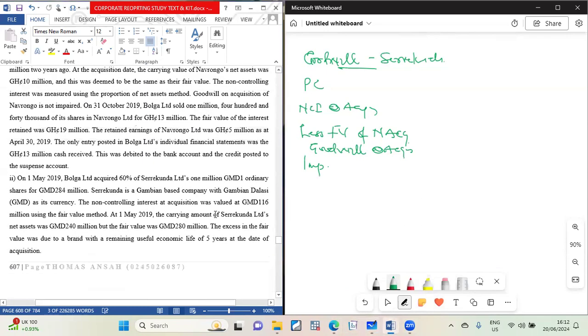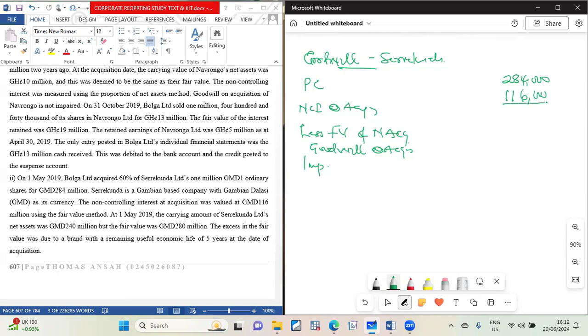Serekunda, we have it here as 1 million. They bought it for 284. Then what is the NCI at acquisition? When they bought it, the non-controlling interests were valued at 116.